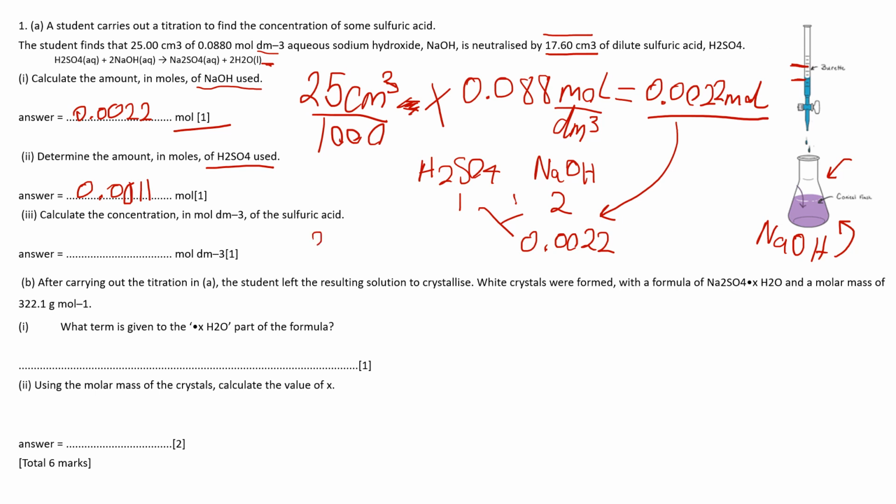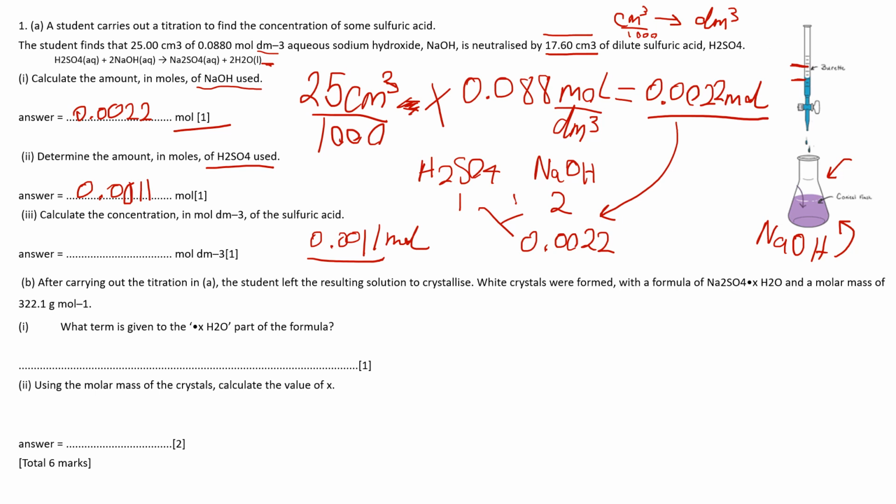That's the amount of moles divided by the volume, but then again we need to divide that by 1,000, so it's in dm³. Just so you always remember that, divided by 1,000 to give us dm³.